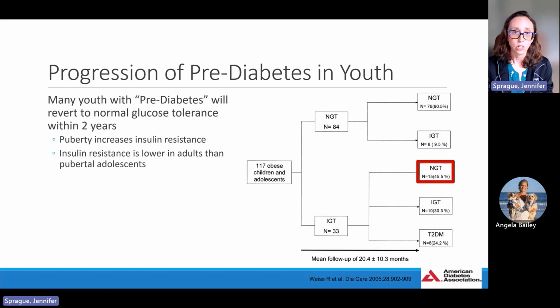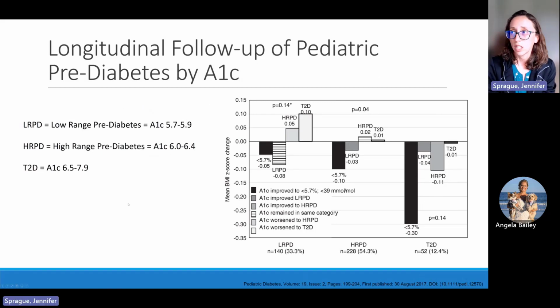Let's look at a bigger study. So this study is a longitudinal follow-up of pediatric prediabetes by A1C, done out of the Denver Health System.